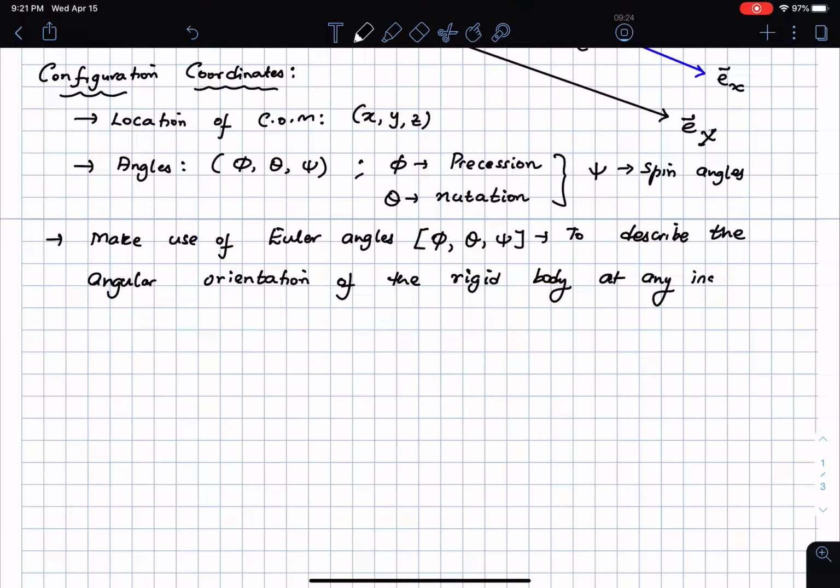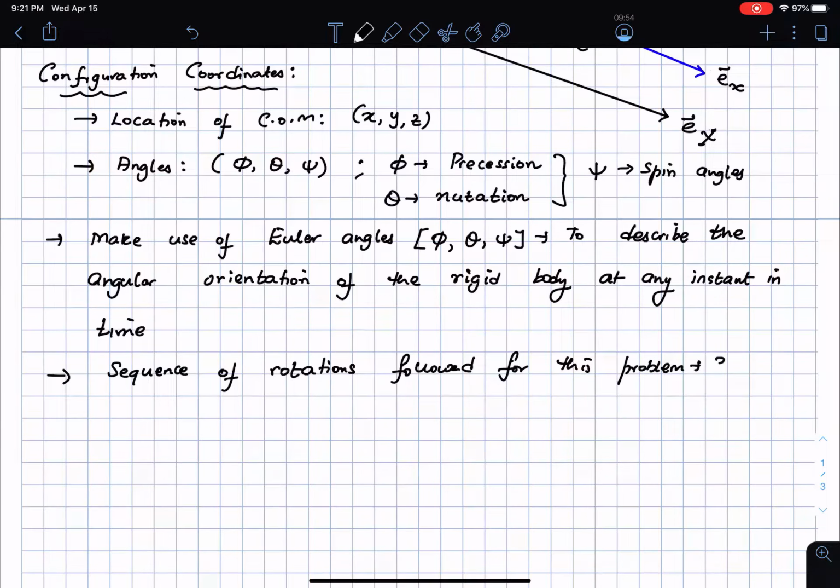We're going to look at these Euler angles in the form of a sequence, which is called the 3-1-3 sequence. This sequence of rotations followed for this problem is the 3-1-3 sequence.